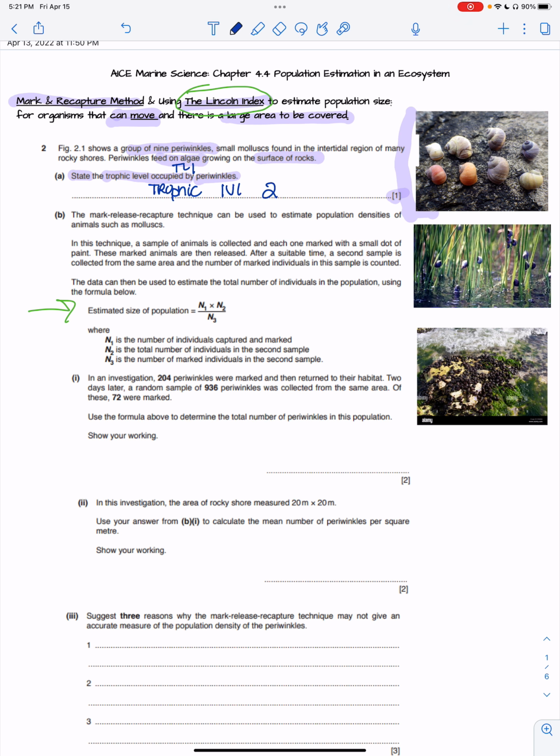All right, the mark and release recapture technique is exactly how it sounds. You're going to mark the organisms, release them, and then after some time, you're going to come back to recapture them and then assess the population. So it's for population densities, and again, they're for organisms that can move.